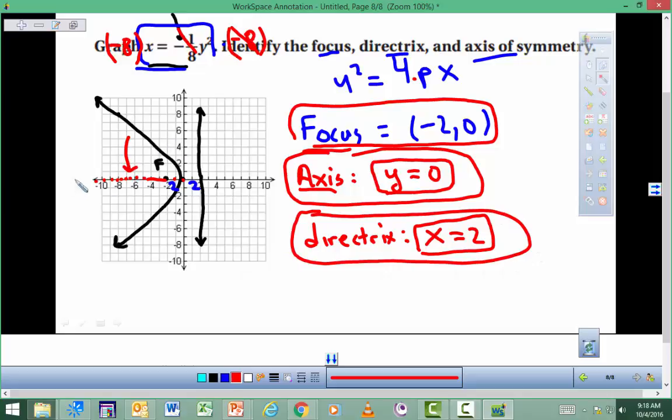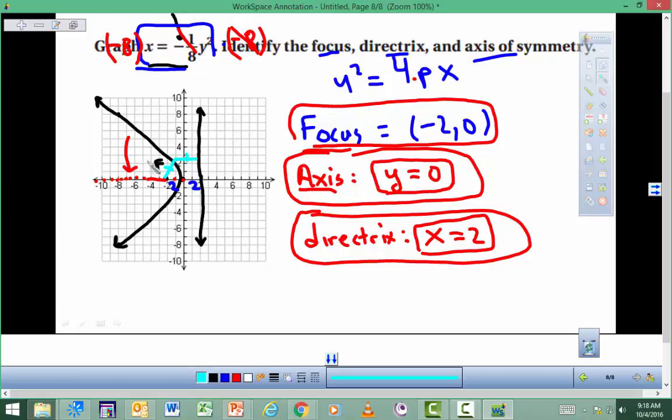And there's our beautiful graph. So you're going to go through the sequence of steps every single time. Now, what's kind of cool, and I hopefully can draw this in here, this distance is equal to this distance. That's the relationship between the focus, the parabola, and the directrix.